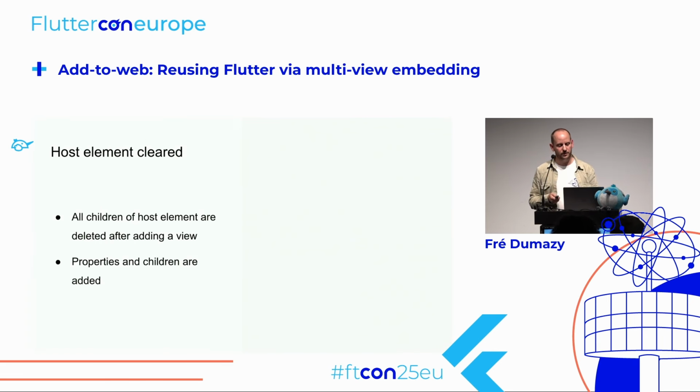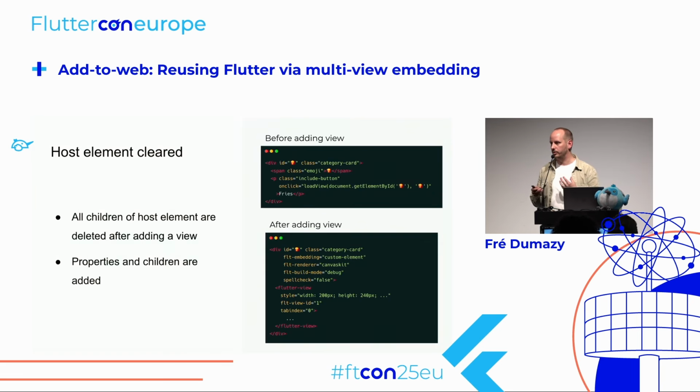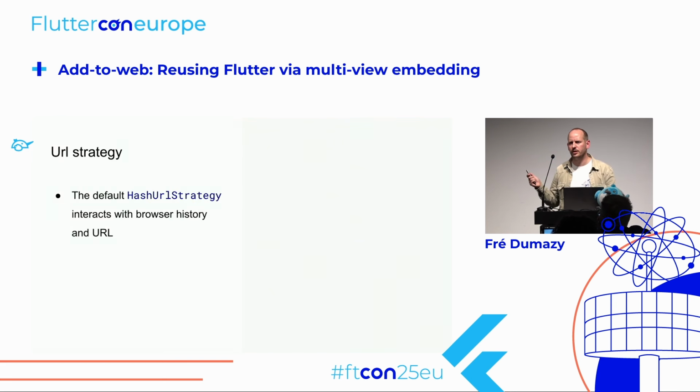Another thing about this is that your host element's children will be cleared and replaced by a Flutter view. So don't keep anything in there that you might need later because it's gonna be gone. And when it comes to URL strategy, a default Flutter web app will use the hash URL strategy to interact with the browser history and the URL bar and so on.